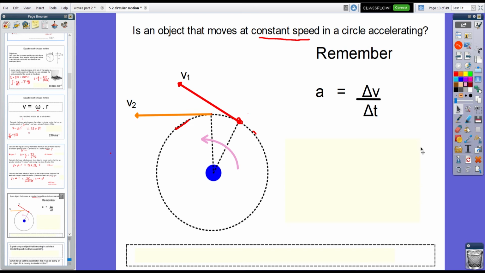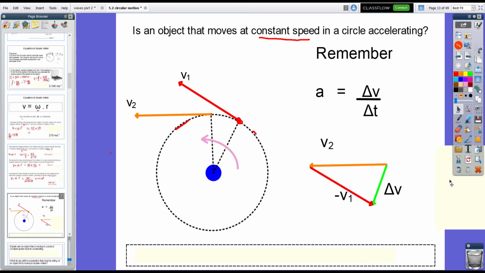Well, let me show you this little diagram here. Okay, so let's have a look at what I've got in this little diagram. What you can see is I've taken a copy of v2. Yeah, there you go, put the v2 back. And I've subtracted v1, that's why the arrow is reversed here.